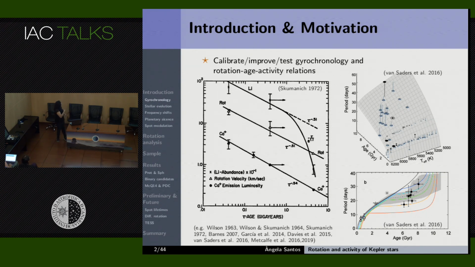This is a famous plot from Skumanich 1972, and we can see that with age, the chromospheric activity decreases, and also the rotation rate. So as stars evolve, they slow down and also get less active. And we can use these large samples of rotation periods and activity levels also to test and improve the relations that we use to estimate ages from rotation and activity.